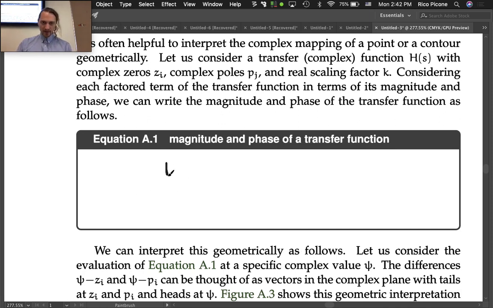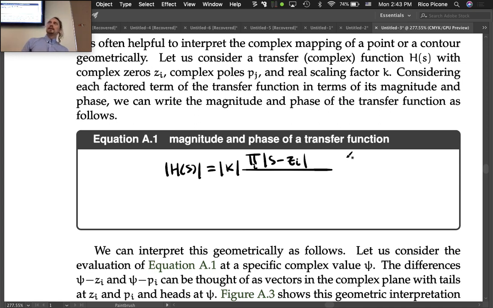So the magnitude of the transfer function is equal to the magnitude of the gain times the product over i of the magnitudes of the s minus zi terms. Imagine that the numerator was factored into s minus each zero, and then we want to take the magnitude of that.